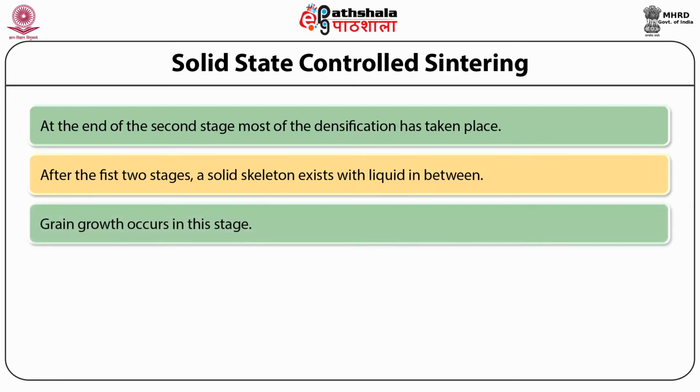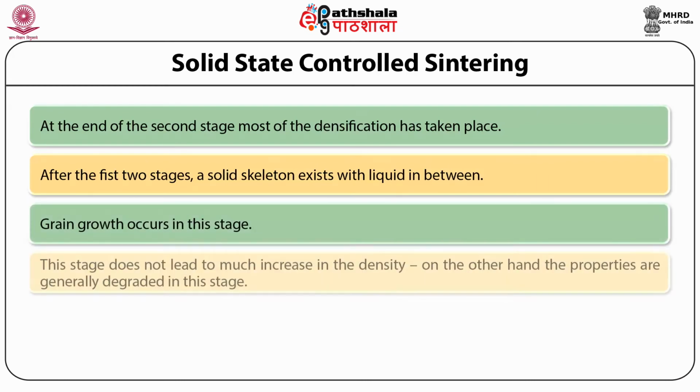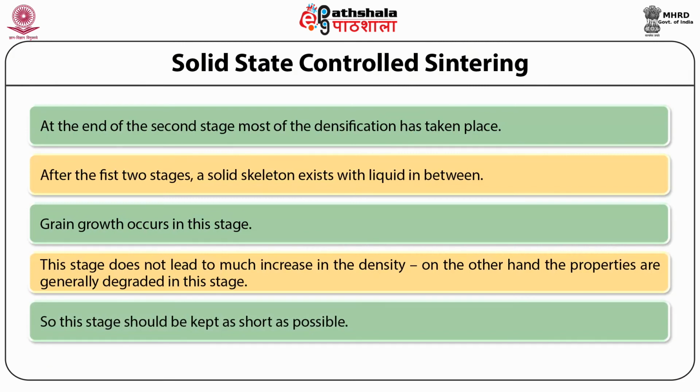Grain growth occurs in this stage, and this stage does not lead to much increase in the density. On the other hand, the properties are generally degraded in this stage. So this stage should be kept as short as possible.